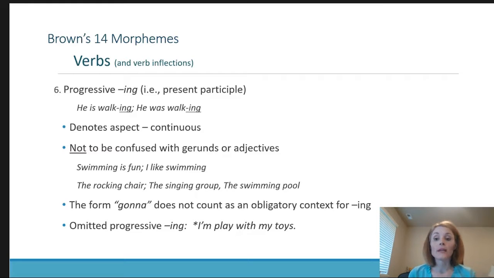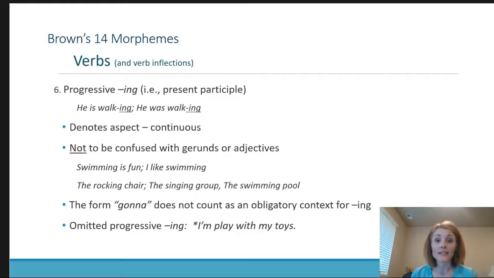One other thing to note is the form gonna. So saying something like I'm gonna swim does not count as an obligatory context for the progressive ing morpheme, even though gonna is a form of going to. So if you said I'm gonna swim, that would be the same as saying I'm going to swim.